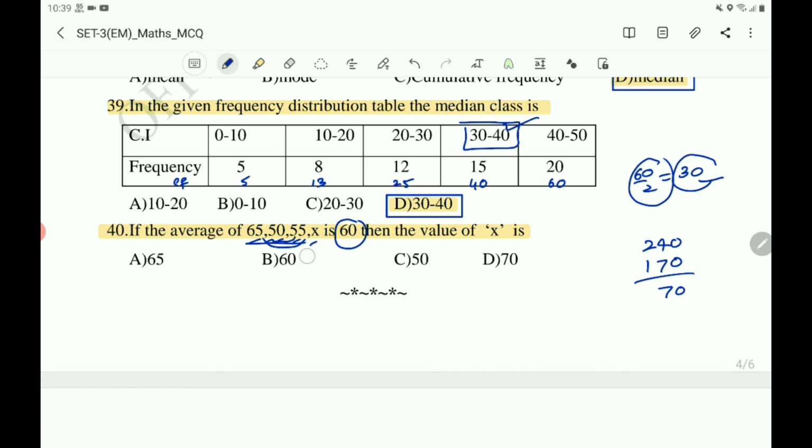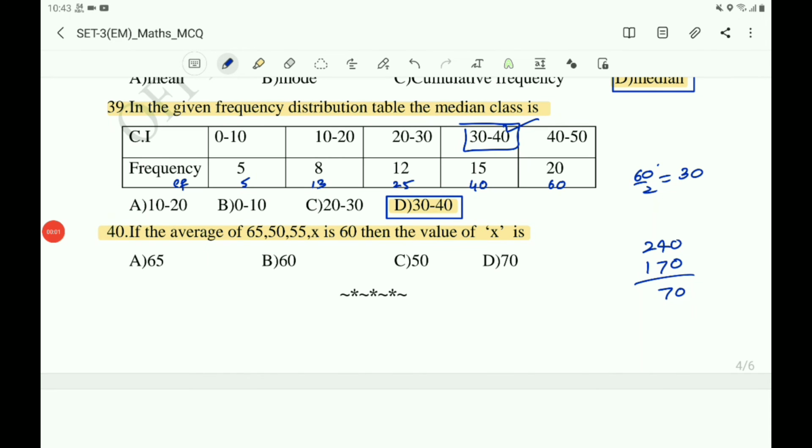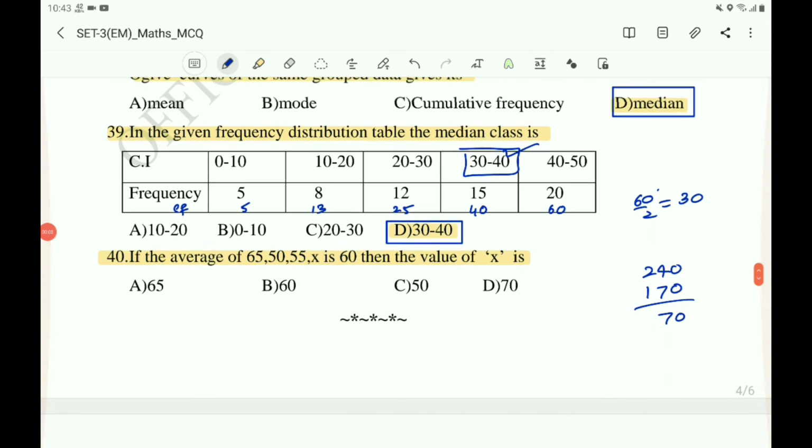Here once again I will clear you. You know the formula to find the average. If you know the concept clearly and also if you are fast in calculation, you can do it directly. Otherwise you know that the formula is sigma x by n equals x bar. So you will get sigma x equals x bar into number of scores. Number of scores are here 1, 2, 3, 4.